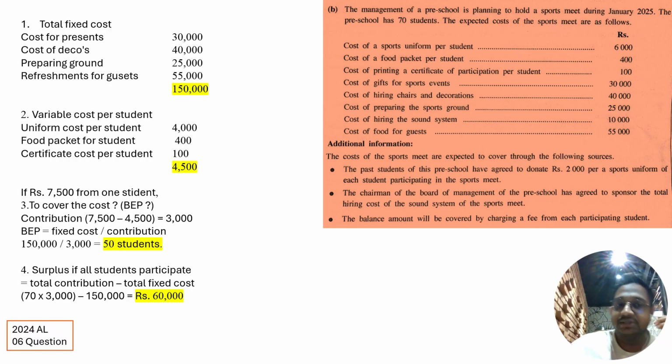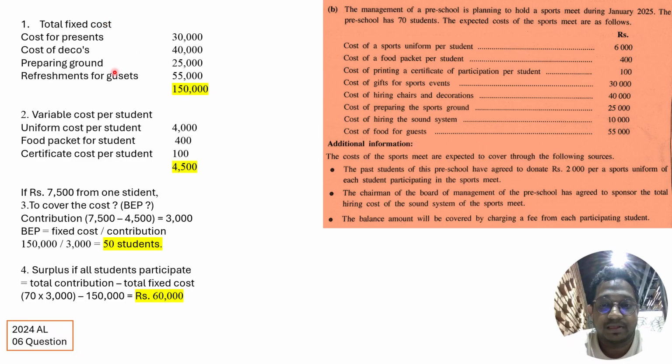So then they ask the total fixed cost and variable cost per student. Here the uniform per student is variable cost, food packet per student variable cost, certificate of participation variable cost, but the gifts, hiring chairs, decor, preparing sport ground, sound system, and food for guests all come under fixed cost.